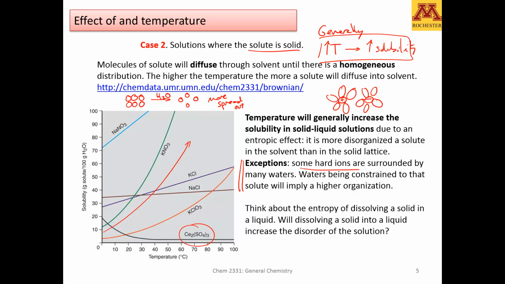So in some hard ions, some ions that have the capacity to surround themselves with a lot of waters very firmly, this trend will be the opposite. Don't worry, we will not ask you to discern which one is which, but just so you know, because you may see some exceptions in those cases.